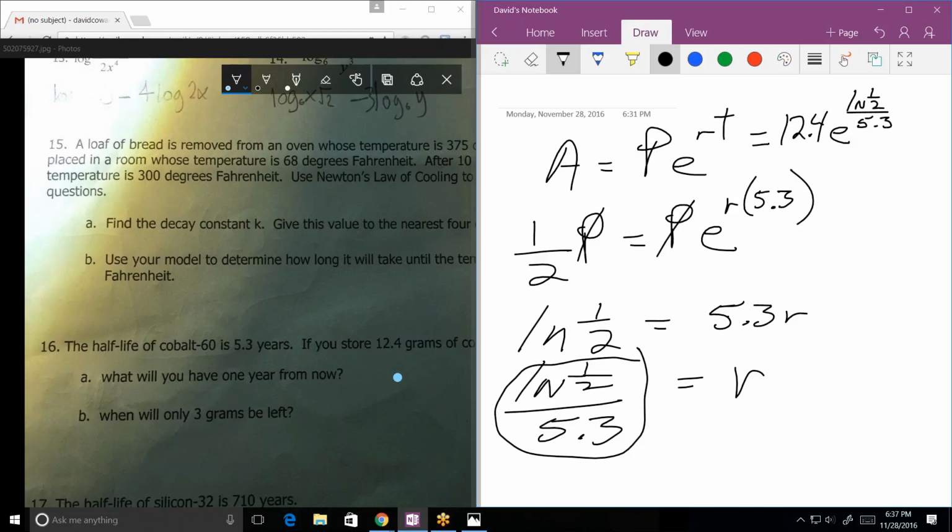And question A says 1 year from now, so t is 1. So all I have to do is figure out what that number is. 10.8799.